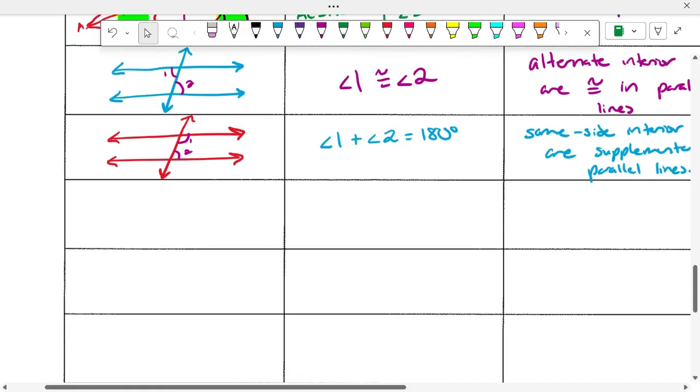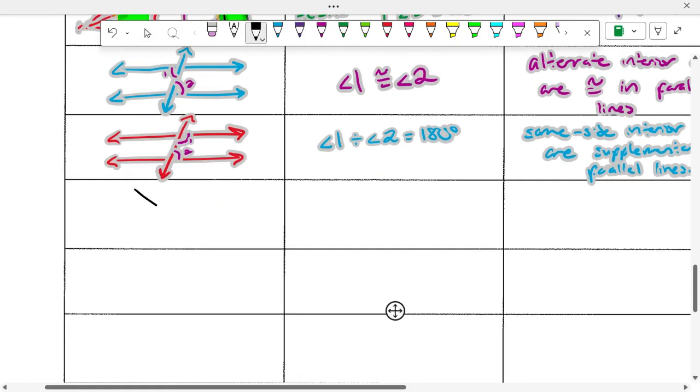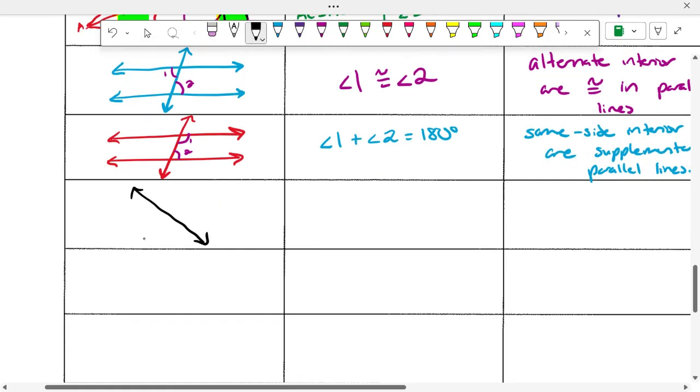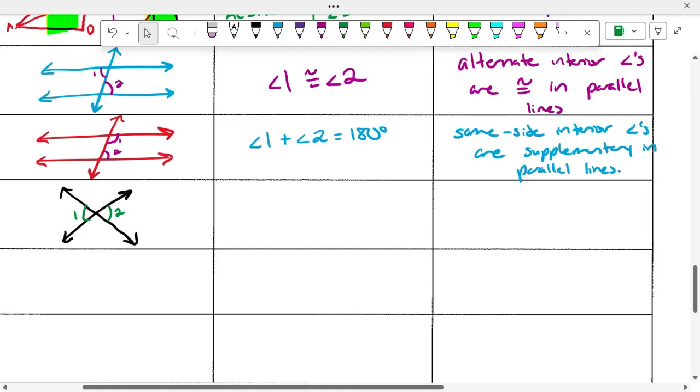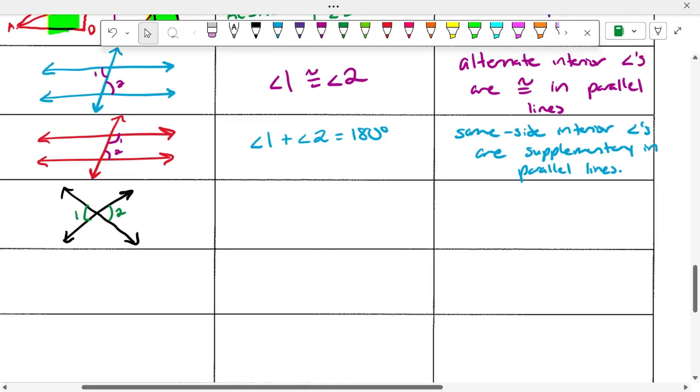All right. Now, let's say I had two lines that are crossing, and then I have these two angles here. So angle 1, angle 2. What can I say about those two angles? What's true about those two angles?